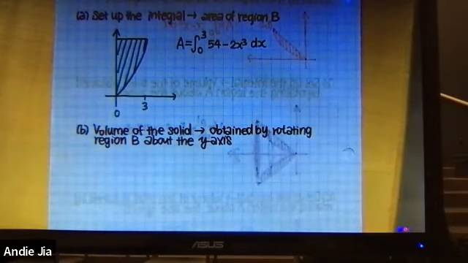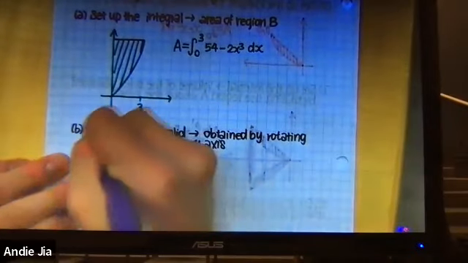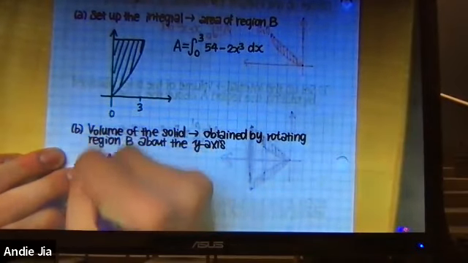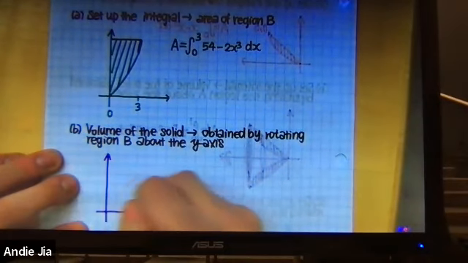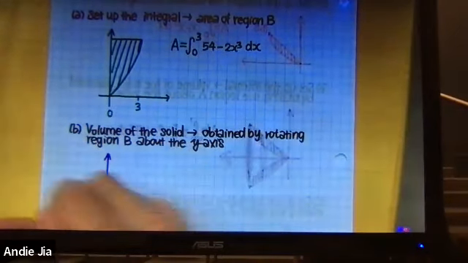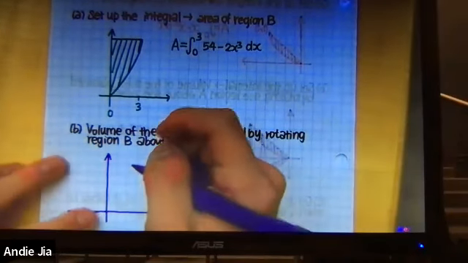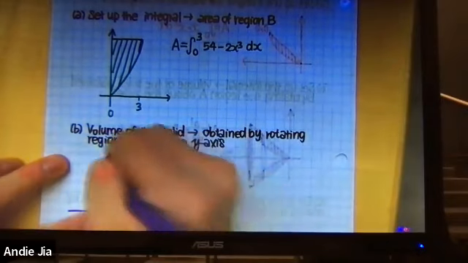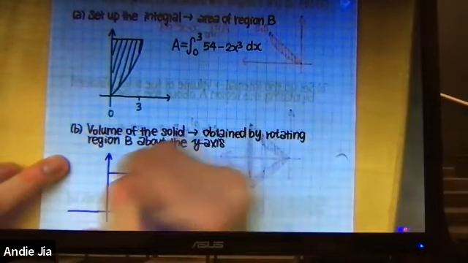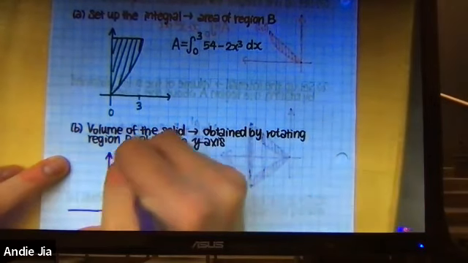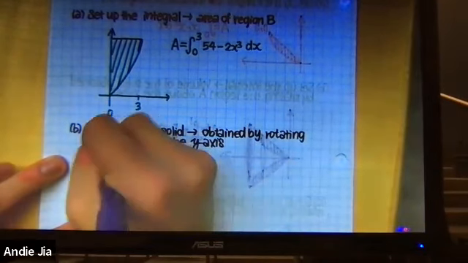Part B is the volume of the solid obtained by rotating region B about the y-axis. Let's visualize this region and draw a graph here. It might not be to scale, but rotating about the y-axis gives this.